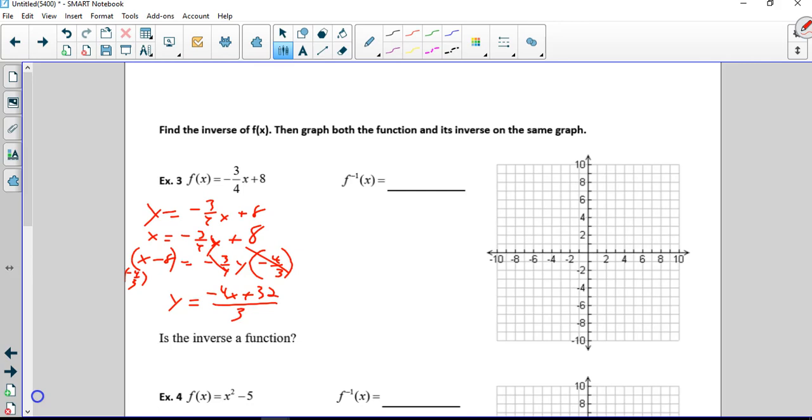So notice again, the x is going to become negative, and you have 32 over 3.